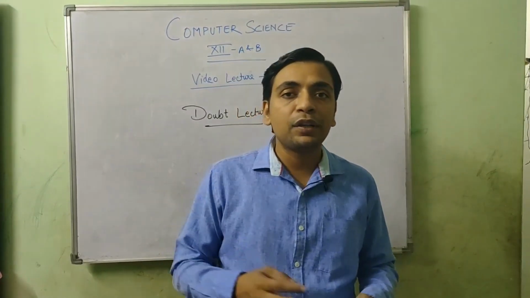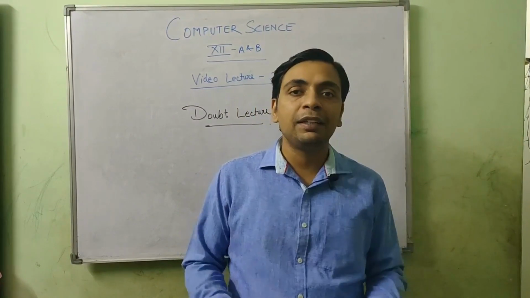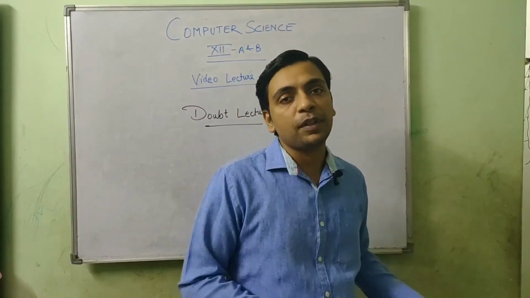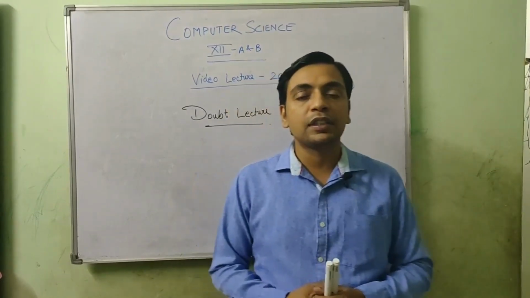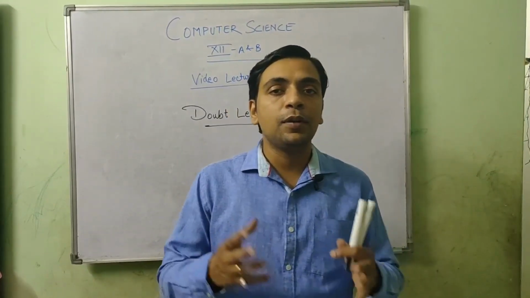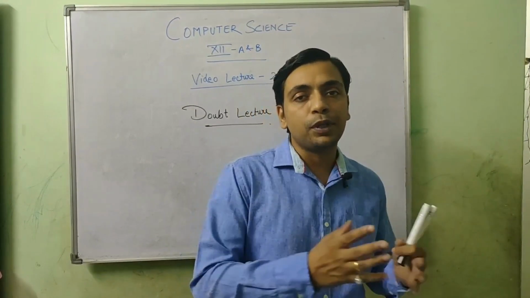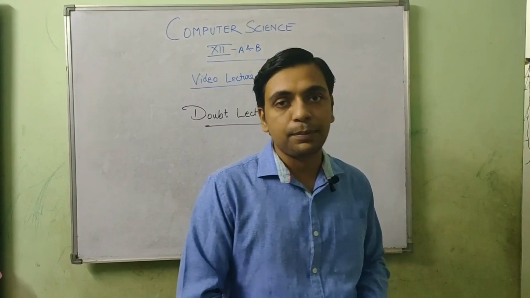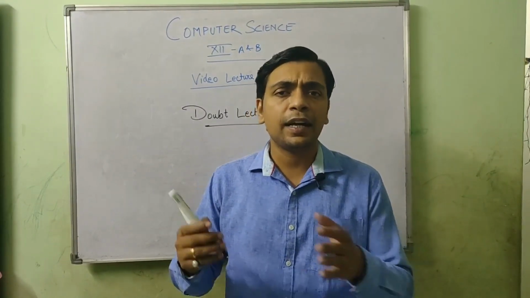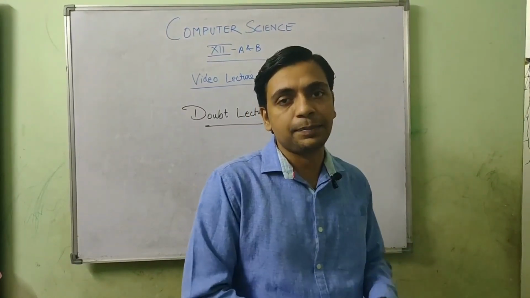Today we are going to discuss basically 3 topics, but there are a few subtopics of those topics. The first topic is converting a sum of product expression to a product of sum expression, that is SOP to POS.